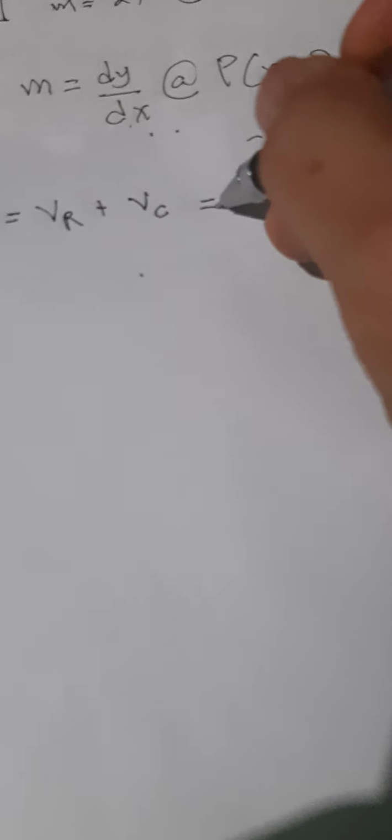Pag i-consider natin yung equation, total voltage equals voltage sa resistor plus voltage sa capacitor. Ang value ng voltage sa resistor is I times R. Then yung voltage sa capacitor is 1 over C integral of I dt. Kaya yung current ay 2 multiplied by 5 plus 1 over 20 times 10 raised to negative 6.